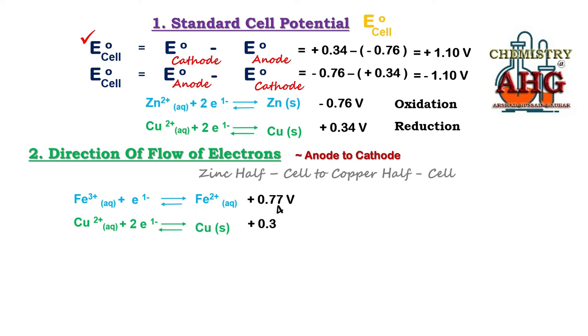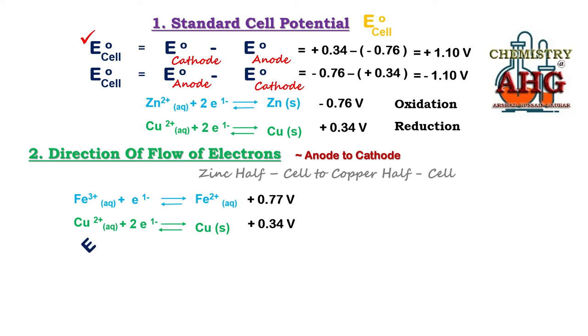Now if you are asked to calculate the standard cell potential for this electrochemical cell, this voltaic cell, okay, if you have done it, you would have seen I asked to calculate the standard cell potential for an electrochemical cell. So which formula are you supposed to use?